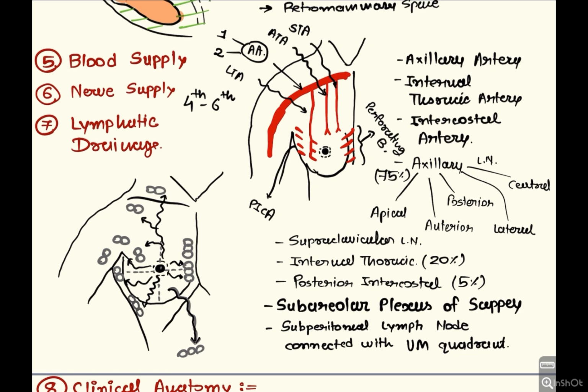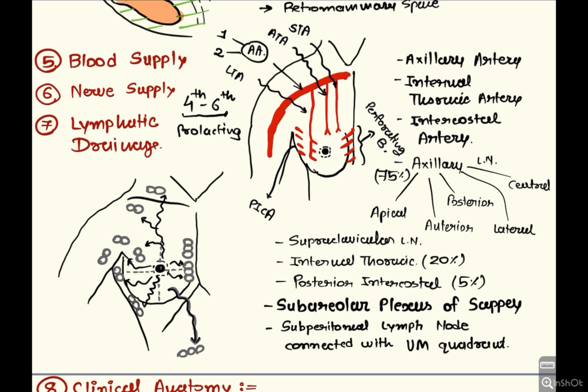We are going to learn about the intercostal nerves in the thorax. They carry pain fibers and also some somatic fibers to the muscle, but lactation is controlled by prolactin. So the gland is supplied by the fourth to sixth intercostal nerves, but lactation is controlled by the anterior pituitary hormone, prolactin. Now we are going to discuss the lymphatic drainage.